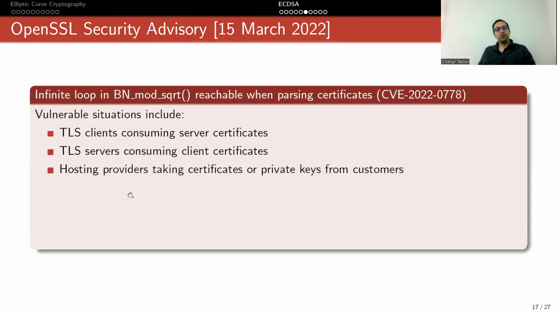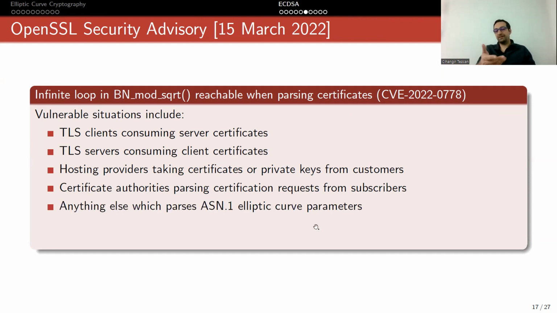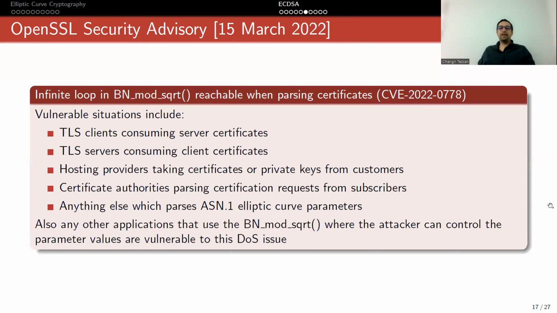Also, these vulnerable situations include hosting providers taking certificates or private keys from customers, certificate authorities parsing certification requests from subscribers, and anything else which parses elliptic curve parameters. This is a common notation they use. This just shows the encoding. Also, any other application that uses this function where the attacker can control the parameter values is vulnerable to this denial of service attack.